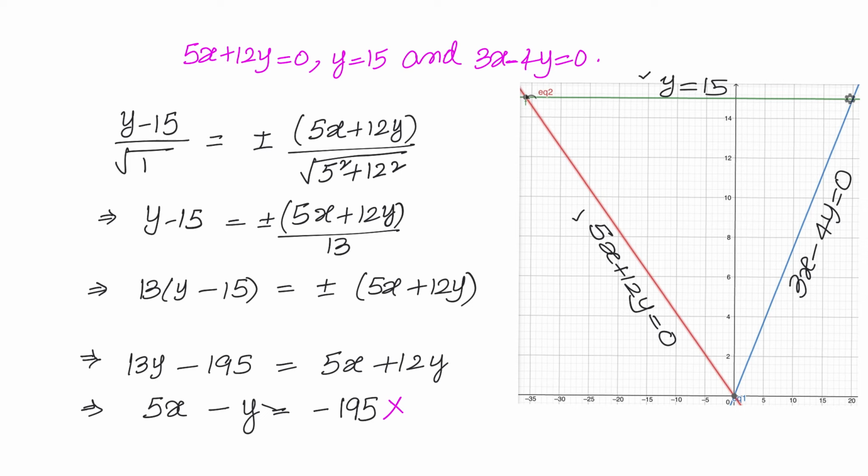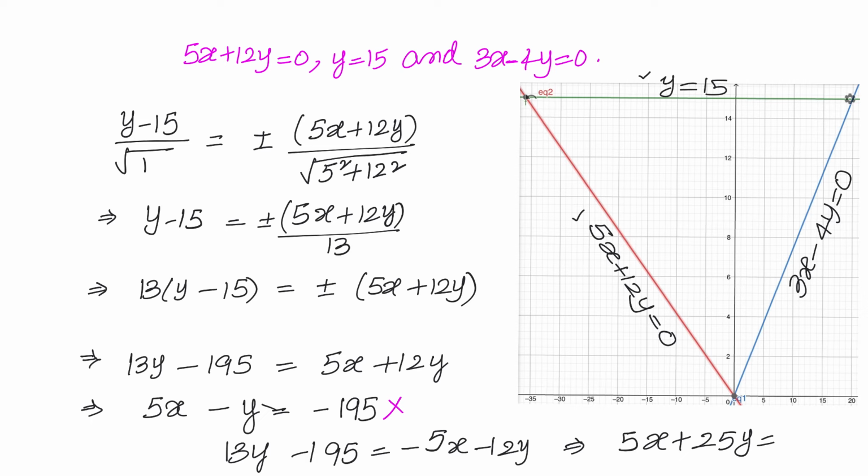Let's go for the other one with minus. That will be 13y minus 195, like earlier, equals minus 5x minus 12y. Simplify that, we will have 5x plus 25y equals 195, or we can simplify that as x plus 5y equals 39.